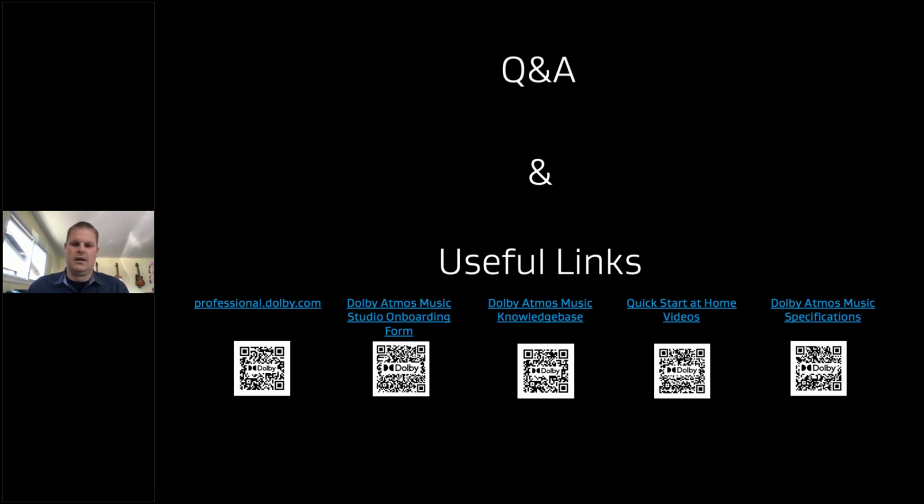So a lot of that documentation can be found in our music studio certification. Sorry, our home studio certification. Sorry, I got music on the brain. Documentation is available via the resellers. So contact me afterwards if you have further questions, or via the music studio onboarding form. I'll be happy to help you there.